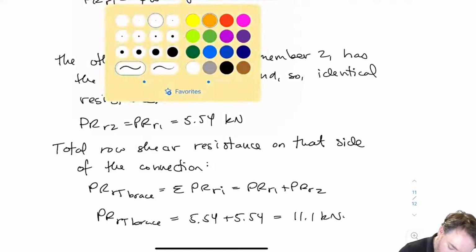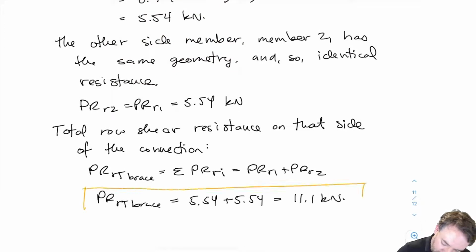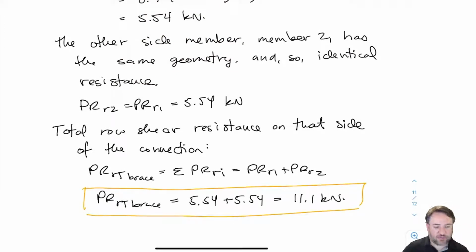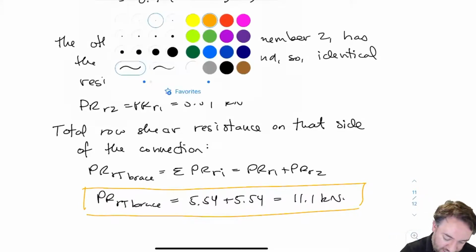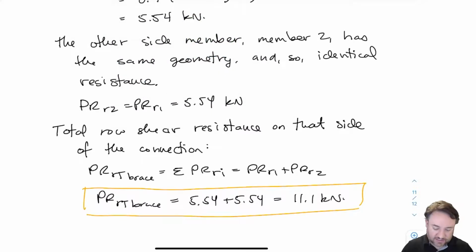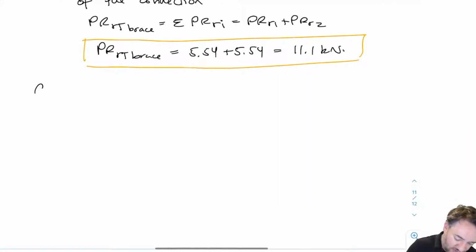So that is the total row shear for the brace side of the connection, taking into account both braces and, of course, both rows of row shear in both braces. Okay, so that's the total row shear. Not last, but next, we have to calculate the group tear-out resistance.